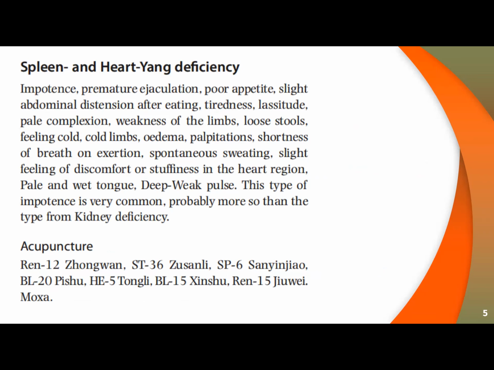The tongue is pale and wet and the pulse is deep weak. This type of impotence is very common, probably more so than the type from kidney deficiency. Acupuncture: REN 12, stomach 36, spleen 6, bladder 20, heart 5, bladder 15, REN 15. Moxa also.